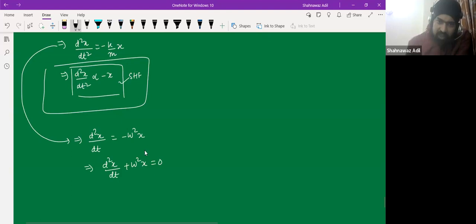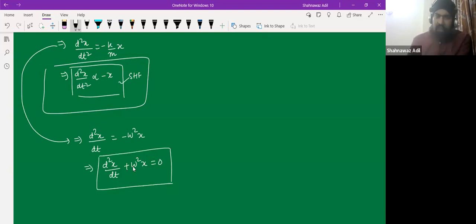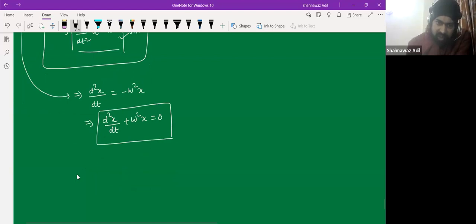And this is what I was asking, right? So the solution of this equation is x equals a cos, or we can also write sine. So let me write sine first: sine omega t plus phi naught. So this is the solution.